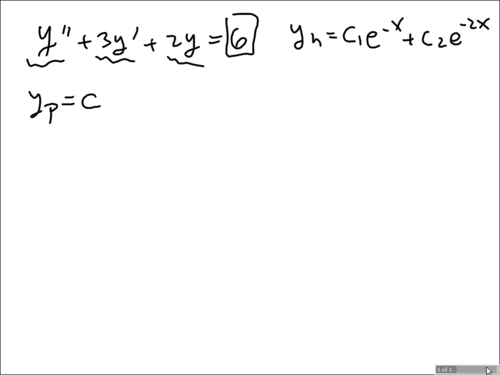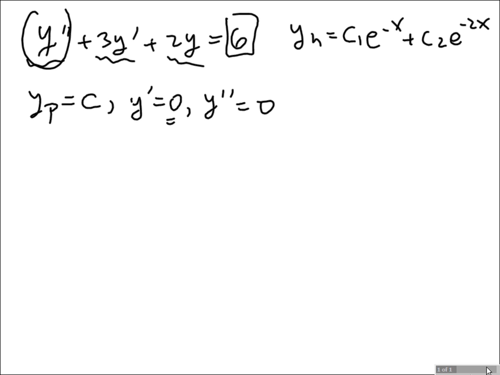Well, if y is c, then y prime will be 0. The derivative of any constant is 0. And in the second derivative, the derivative of 0 is once again 0. Now, we plug this into the original equation, and we solve for c.